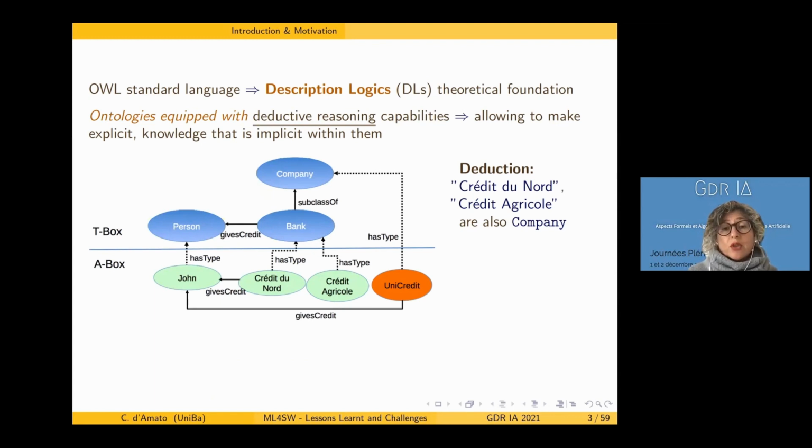So looking at this picture, where we have a rough idea of an ontology, where we have the concepts bank, company, and person, and we know that a bank gives credit to person, and that a bank is subconcept of, or subclass also so told, of the concept company, we may infer deductively speaking that Crédit du Nord and Crédit Agricole are also instances of the concept company, besides being instances of the concept bank, and this is mostly due to the subclass of relationship existing between these two.